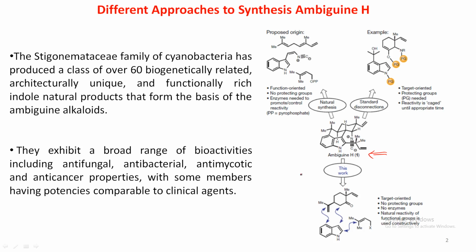Their work is completely protection group free, and that turned out to be the selling point of this research. So no protecting groups, no enzymes, and they are still able to maintain the natural reactivity of the centers. What they have used is an indole and a prenyl alcohol, if it is OH over here. That's the thing they have used to complete their molecule.